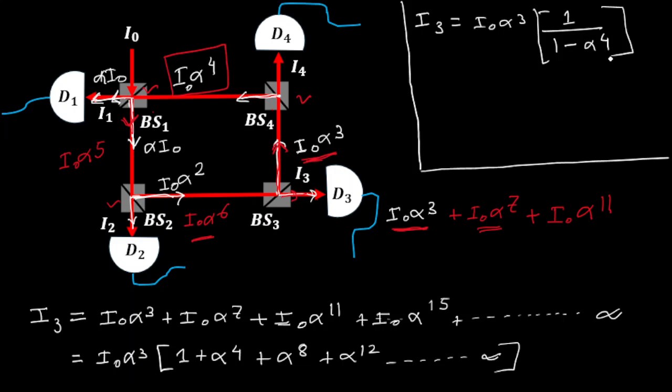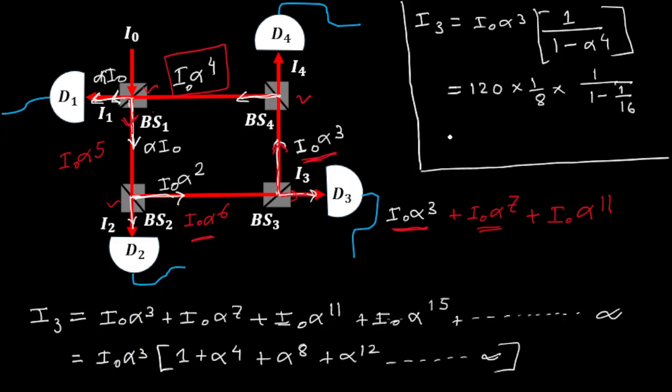Now if you put in all the values of I naught and alpha, we'll get the value of I3. In this question it is written that I naught is equal to 120 watt per meter square, and alpha we have calculated is half, so alpha cube will be 1 by 8, and the sum will be 1 divided by 1 minus 1 by 16.